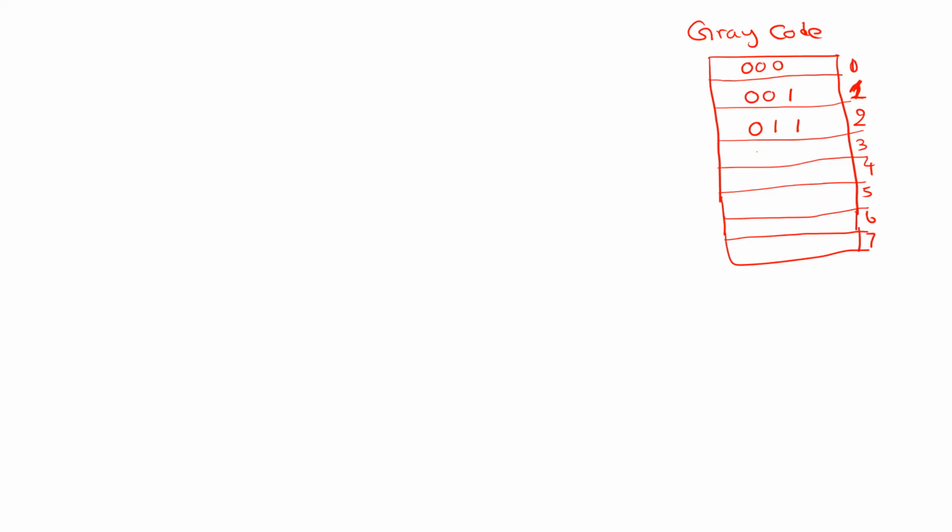It is different. And 3 means 0 1 0. 4 means 1 1 0. 5 means 1 1 1. 6 means 1 0 1. 7 means like this. Okay. So this is how gray coding scheme is used.